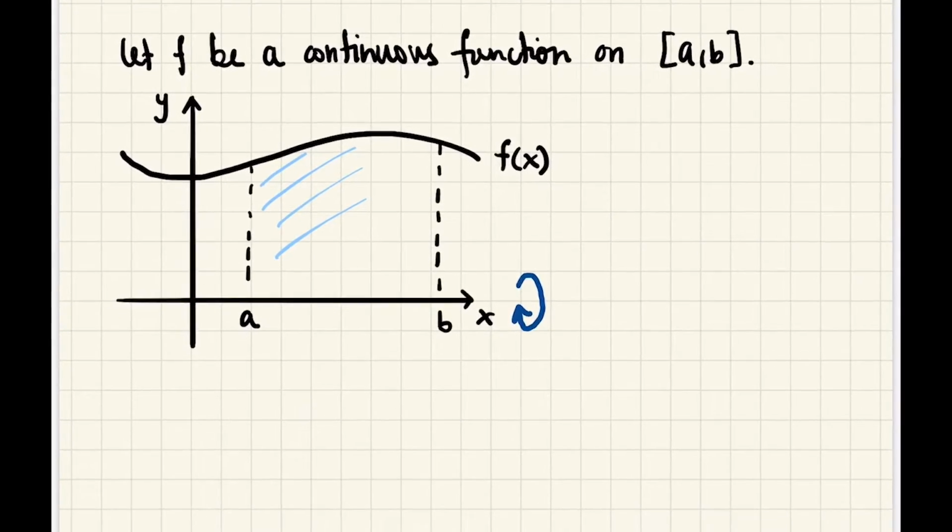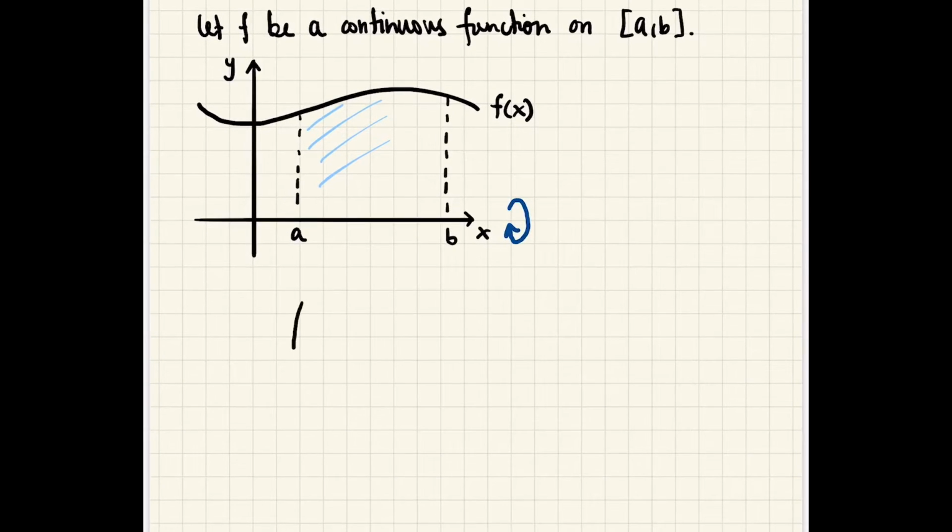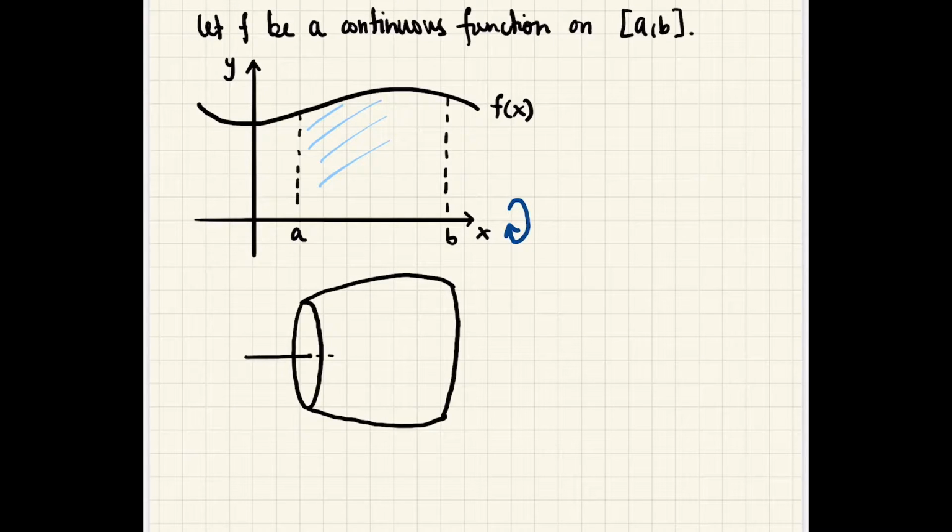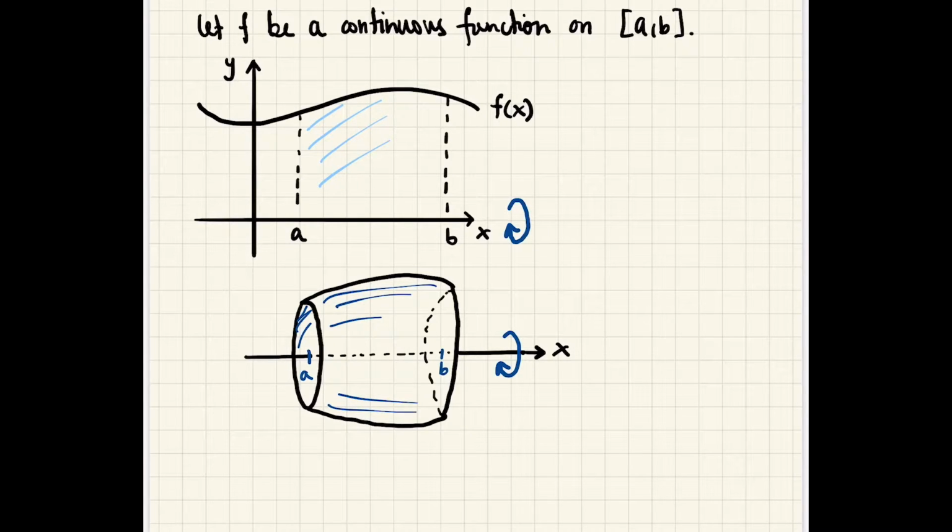So if we imagined rotating this thing, we would get something like this. So there's our x-axis, but we've now rotated the function from a to b and ended up with this three-dimensional solid.